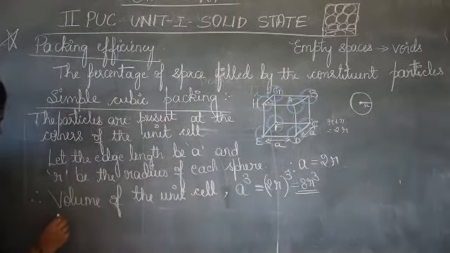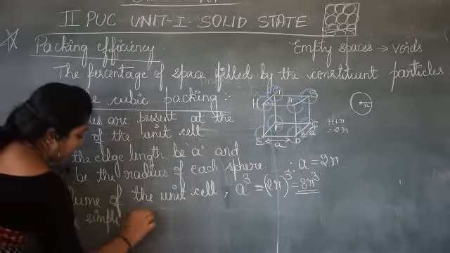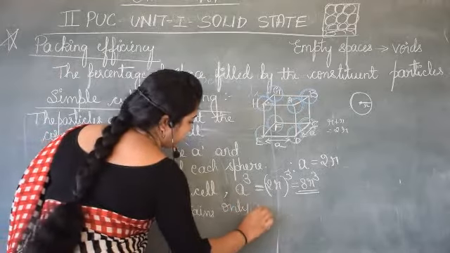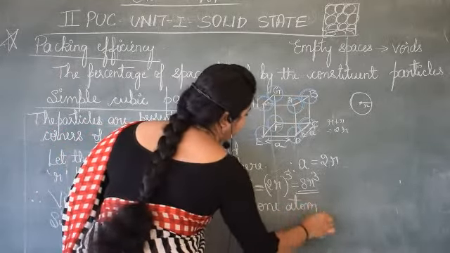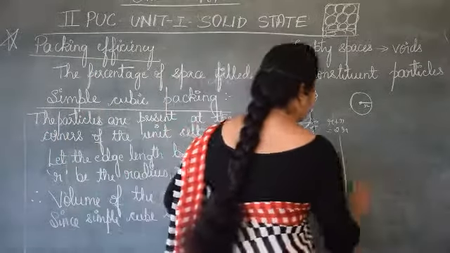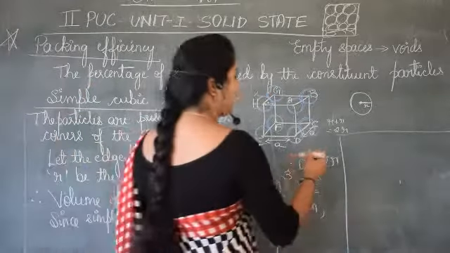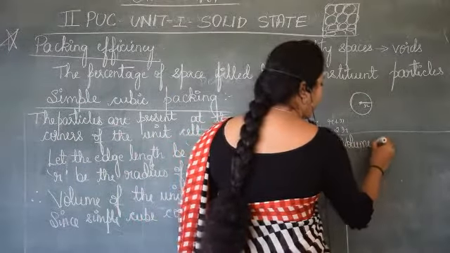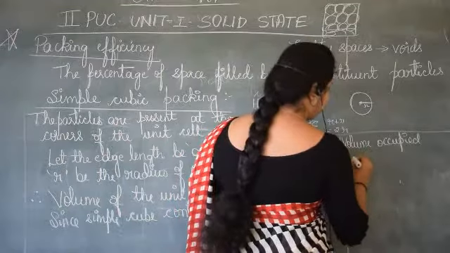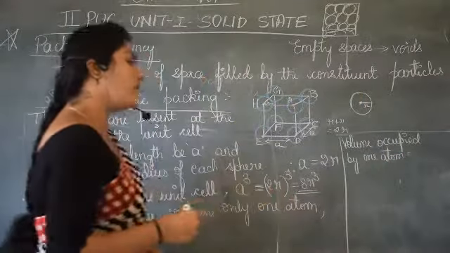So we will write, since simple cube contains only one atom, therefore volume occupied by one atom is equal to, do you know volume occupied?